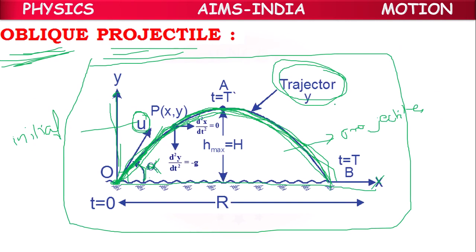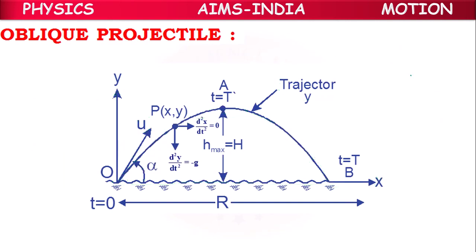Here we are throwing with a velocity of u, which can be resolved into two perpendicular components, because we are projecting u with some angle theta with the ground. This is the x direction, this is the y direction.